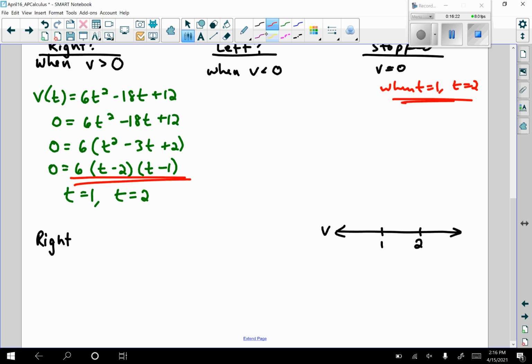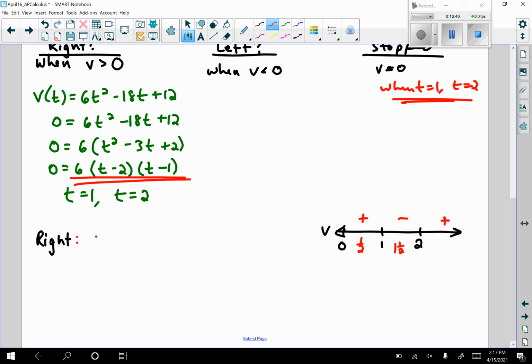And we know we should start at 0, so we don't need to go below 0 here. So let's say we tested a 1/2. Going back here, I have a positive 6. This will be negative, this will be negative, so that should be positive. Between 1 and 2, let's say we test a 1.5. We'll have a positive, a negative, and a positive, so this will give us a negative, and then greater than 2, we're at positive.